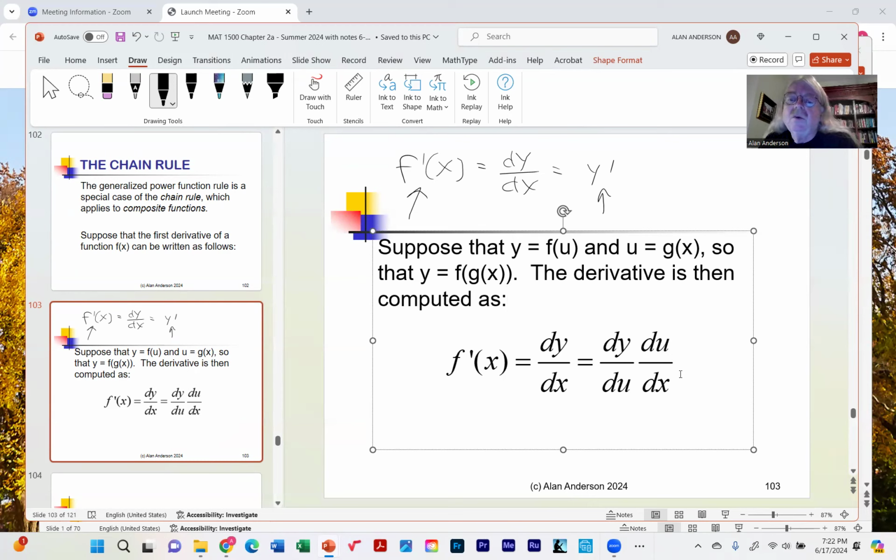The reason for doing this is so that we can rewrite our dy dx as dy du times du dx. Now you might think, well, why are we making it unnecessarily complicated? Well, no, we're not. As you'll see, this is an easier way of approaching the chain rule than some of the other approaches you might see, maybe in the book or in another book. I think I mentioned the history of calculus being traced back to Sir Isaac Newton and Gottfried Leibniz in Germany.